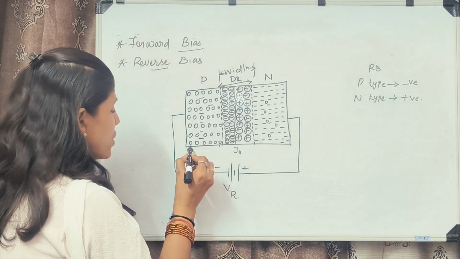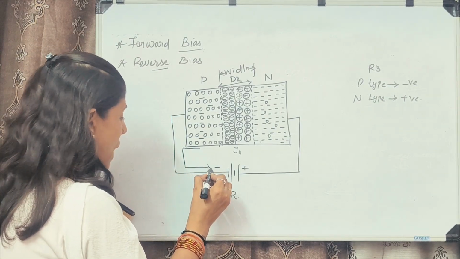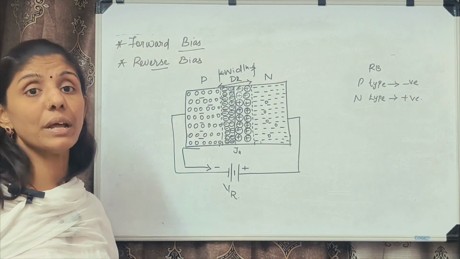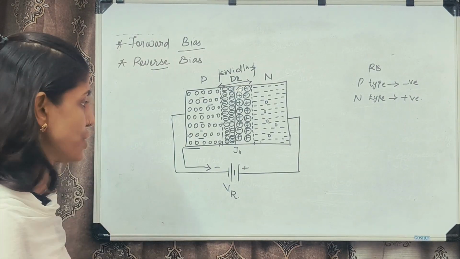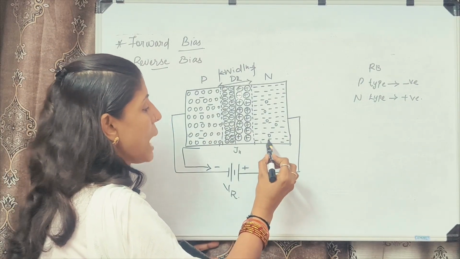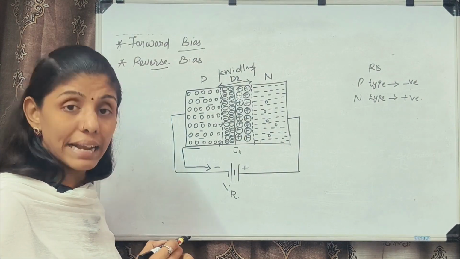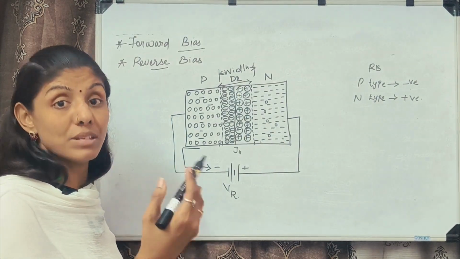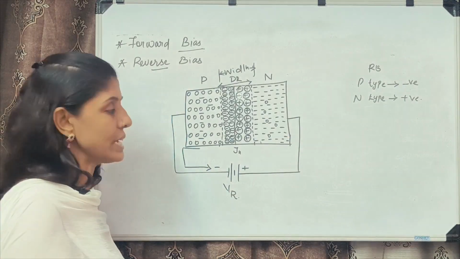The majority charge carrier holes are getting absorbed by the negative terminal of the battery because holes are positively charged particles. The same will happen at this place also. Here electrons are negatively charged particles, and these majority charge carriers are getting absorbed by the positive terminal of the battery.